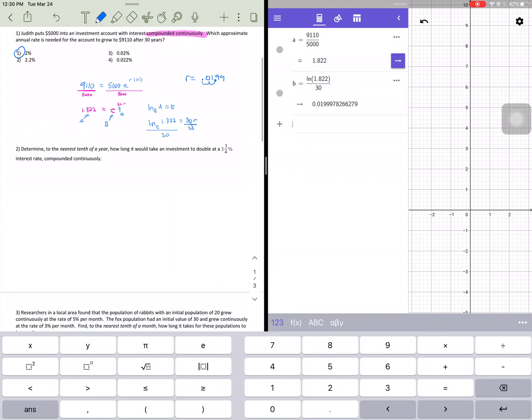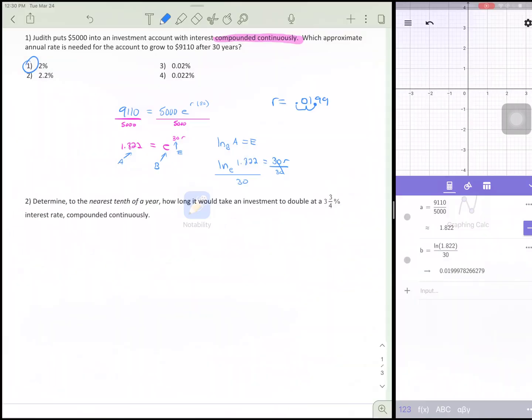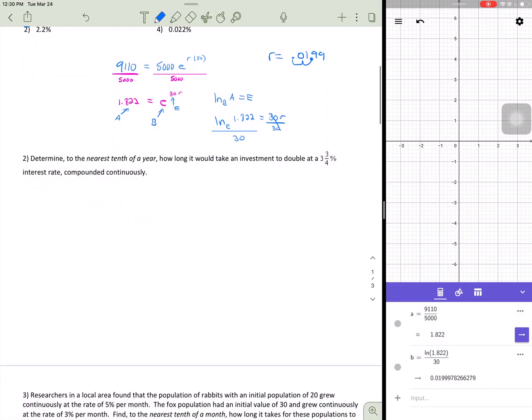Number 2, determine to the nearest tenth of a year how long it would take an investment to double at a 3.75% interest rate compounded continuously. So let's just make up any original amount. Let's say the original is 100, then we're looking for it to double to 200.